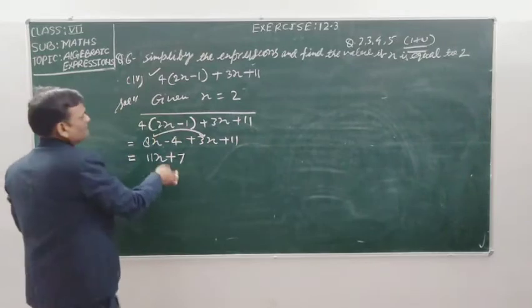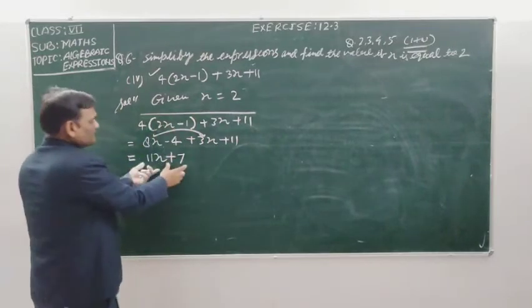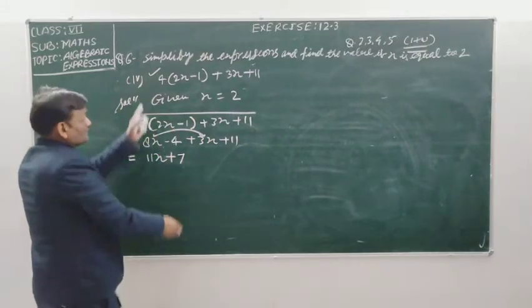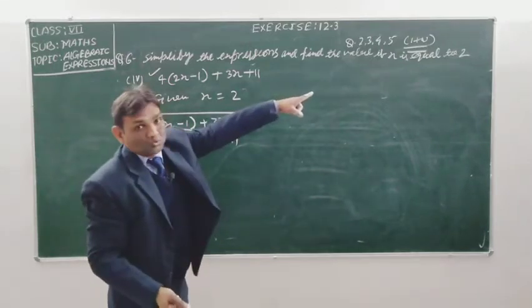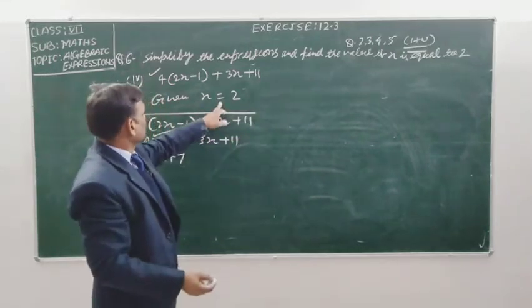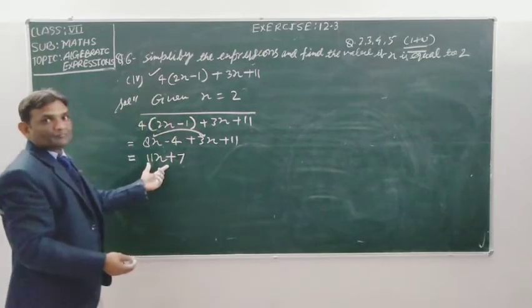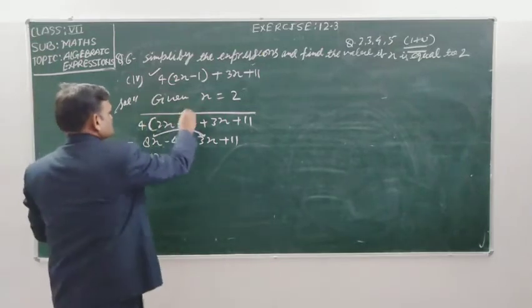So student, now I have simplified this expression. अब इसको हम simplify कर चुके हैं. Now if x is equal to 2, then find the value after solving this expression.